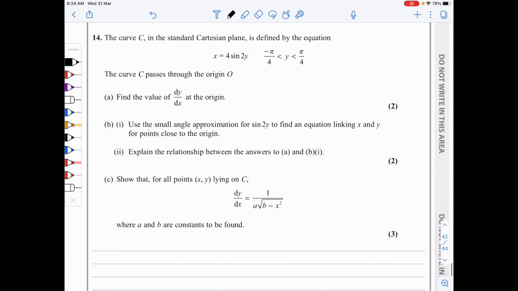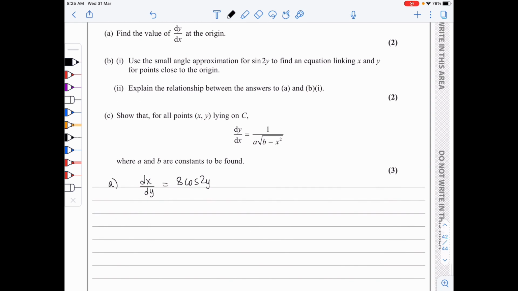In question 14, we have that x is 4 sine 2y, so it's x explicitly in terms of y, and we need to find the dy dx given that we pass through the origin. So without even checking, we know that 0, 0 is a point on this curve. Now, we can start off by dx dy. So dx dy is simply 8 cos 2y.